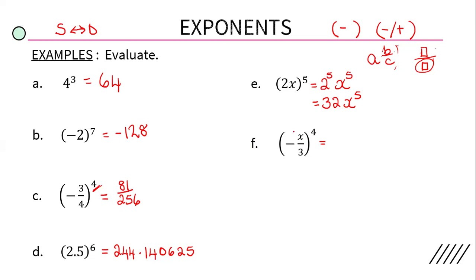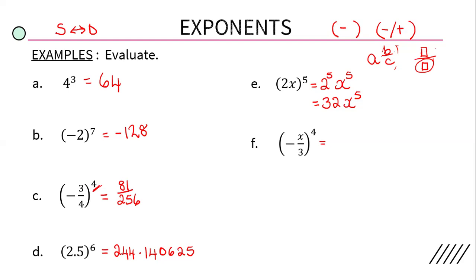It's positive, so whenever we have an even power and we're multiplying a negative, our answer is always positive. If our power is odd, our answer will always be negative.